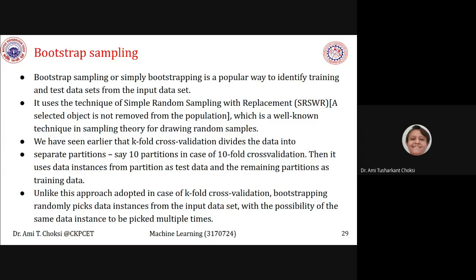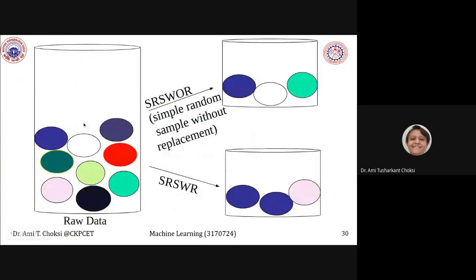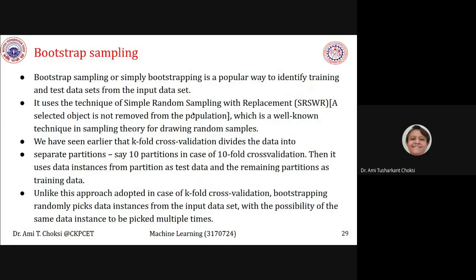Say we have a box wherein we have 10 objects and we have to choose randomly. Let us say that we take one, and then after taking that, we put it back into the box. Let me show you with the figure. Say this is the box wherein the data or any objects are there, right? This is SRSWR, that is simple random sampling with replacement.